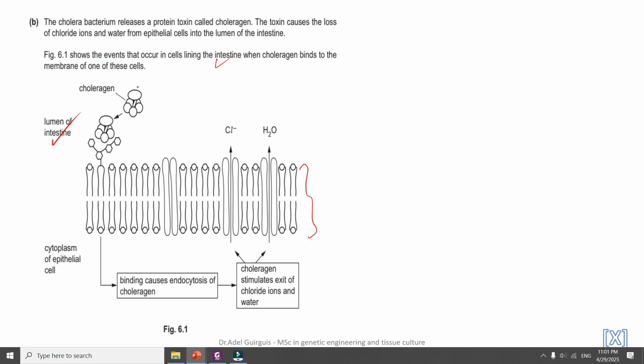Look at choleragen's complex structure. Here, a carbohydrate part is joined with protein, this is called glycoprotein.